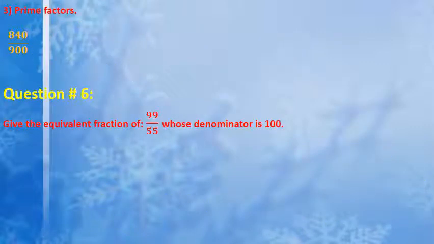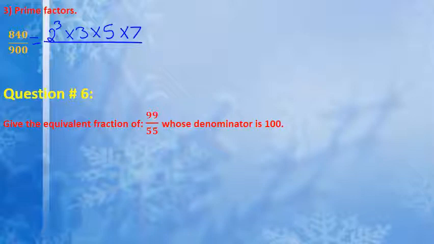Now we should reduce 840 over 900 by the method of prime factors. We substitute the prime factors of 840: 2 cubed times 3 times 5 times 7. The prime factors of 900 are 2 squared times 3 squared times 5 squared.